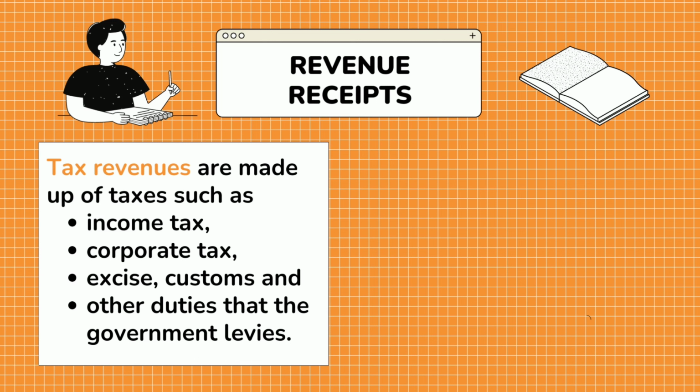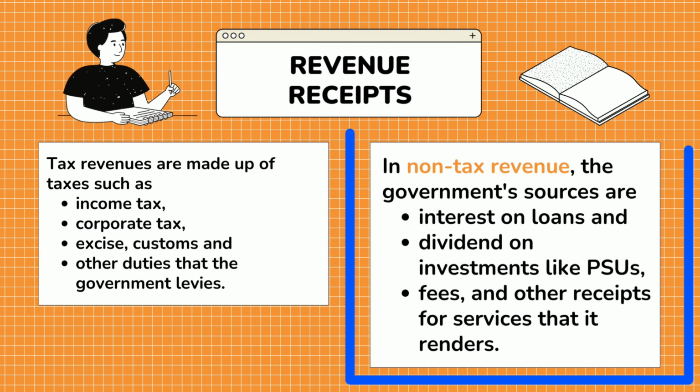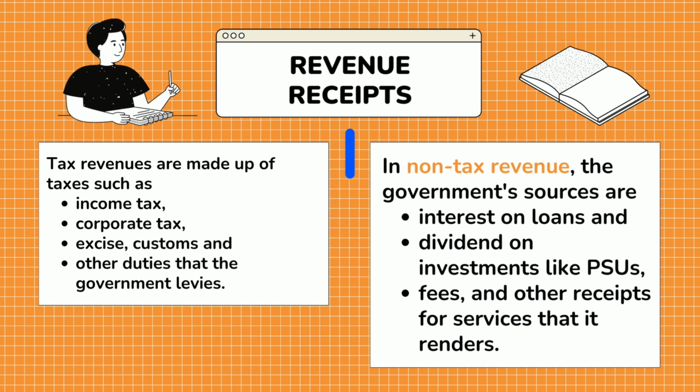Tax revenues are made up of taxes such as income tax, corporate tax, excise, customs, and other duties that the government levies. In non-tax revenue, the government sources are interest on the loans and dividends on the investment like PSUs, fees, and other receipts of services that it renders.